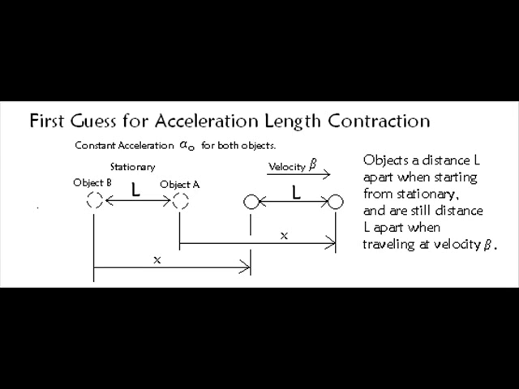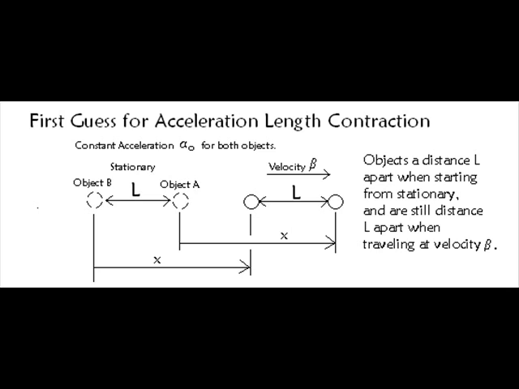The objects start out a distance L apart when they are stationary, and they simultaneously accelerate to velocity beta. The distance that it takes for each of these objects to reach velocity beta is distance x, as given by the previous equations.